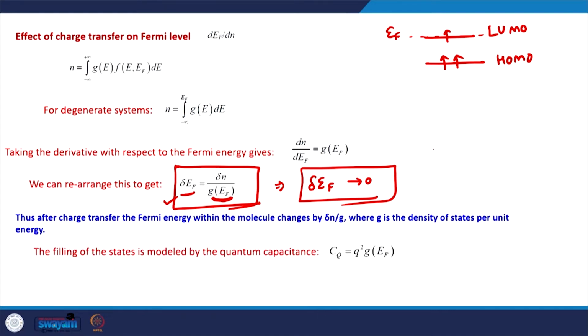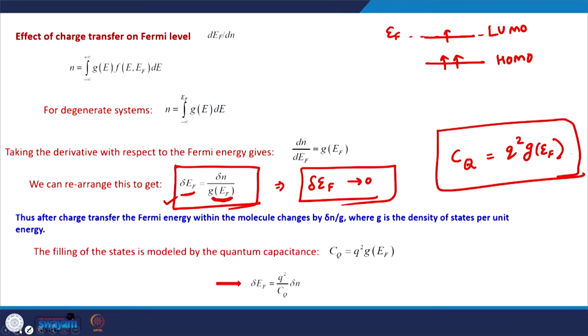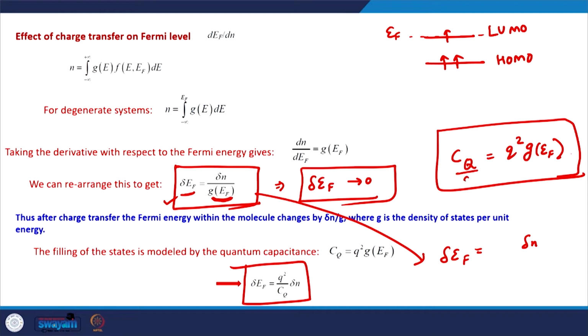And as we had seen, the quantum capacitance is defined as q square times the density of states at the Fermi level. So it means that this change in the Fermi level, this delta EF, can be written as delta N divided by G(EF), and G(EF) can be written as CQ divided by q square.